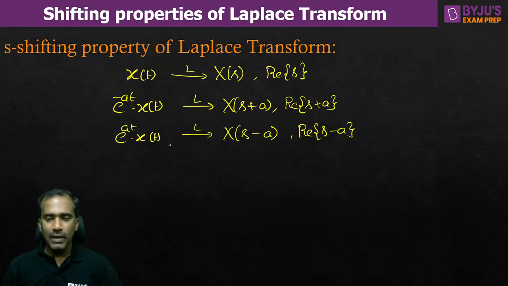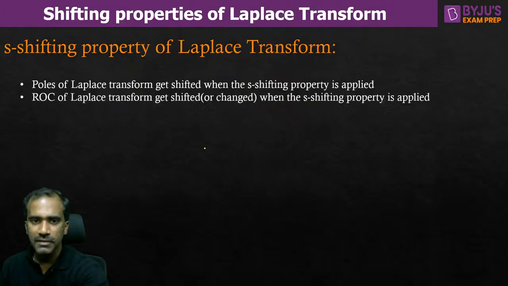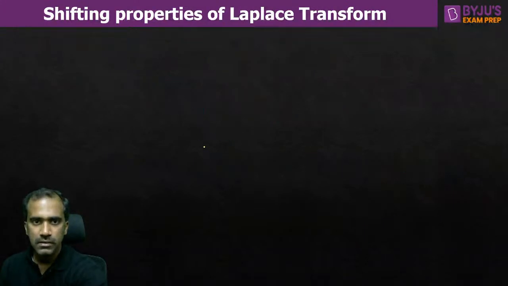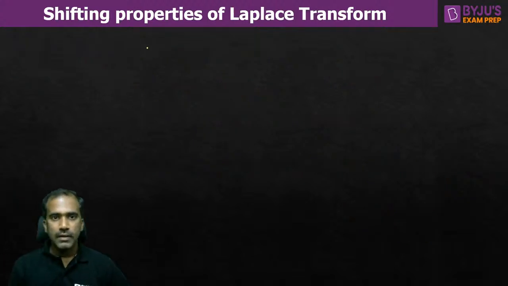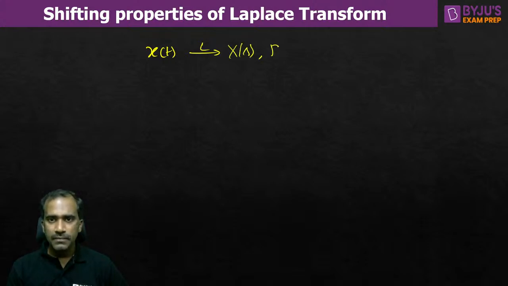Right. Now understand the difference between S shifting property and time shifting property. I'll put all of them in one place, so you'll understand it better. If I take time shifting property, Laplace transform is e power minus st naught into x of s, comma, ROC.